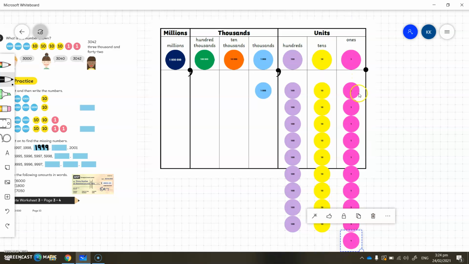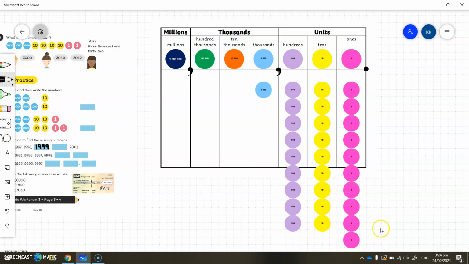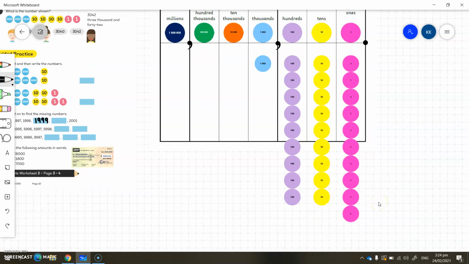I have now 1, 2, 3, 4, 5, 6, 7, 8, 9, 10 ones. And I know that I cannot use 10 ones written like this in my place value.